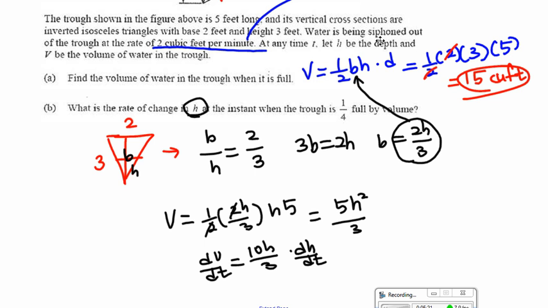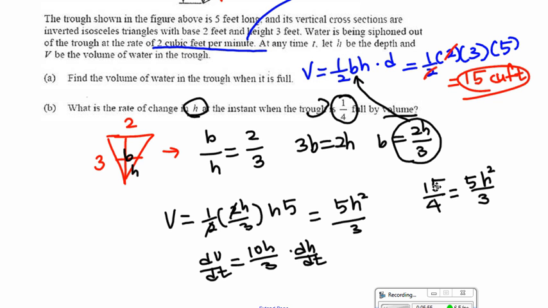Here comes the hint, where the volume was 1/4 full. How can we have the volume 1/4 full? Since the whole thing was 15, 1/4 full would be 15/4, which must be equal to this volume, 5h²/3.